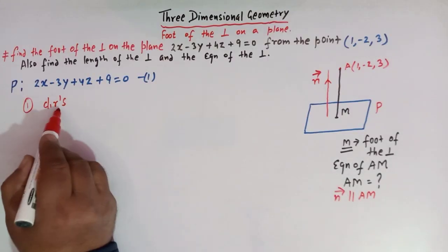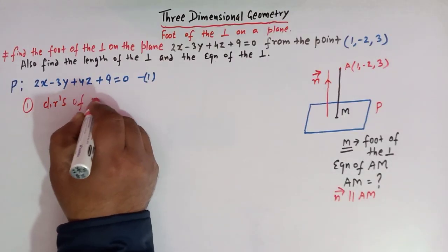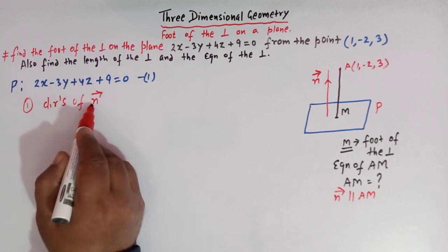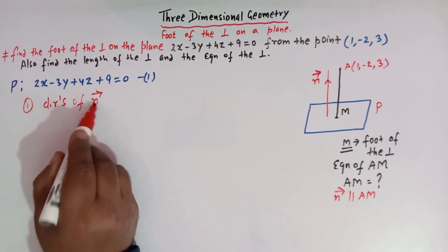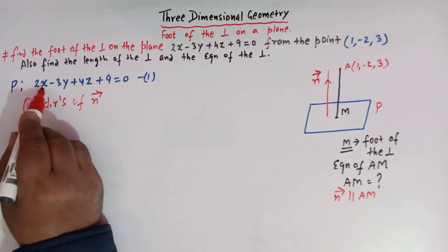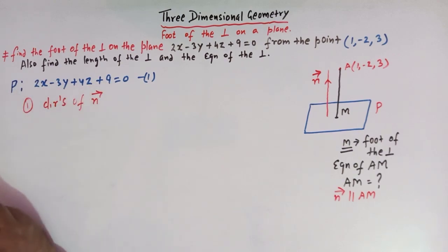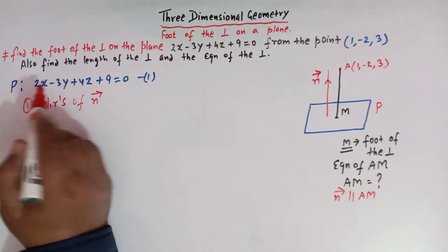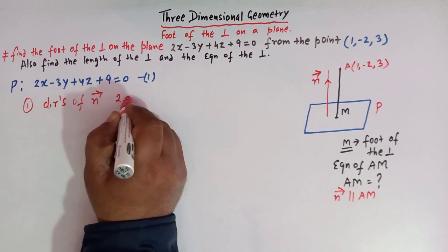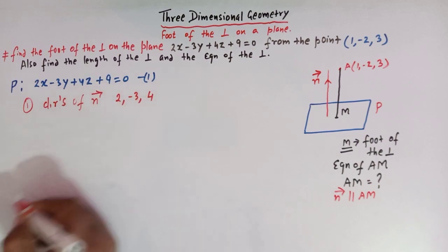And see, the direction ratios of the normal vector can be obtained from the equation of the plane itself. See, here the coefficients of x, y and z are 2, -3 and 4 respectively.